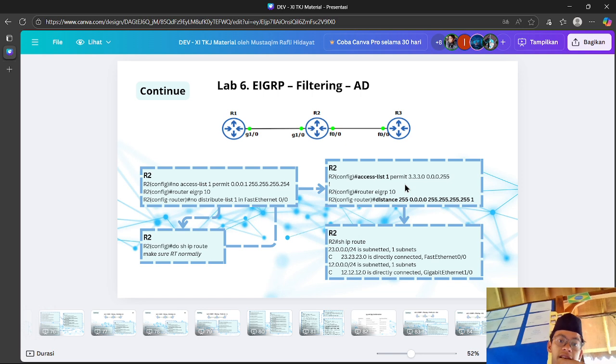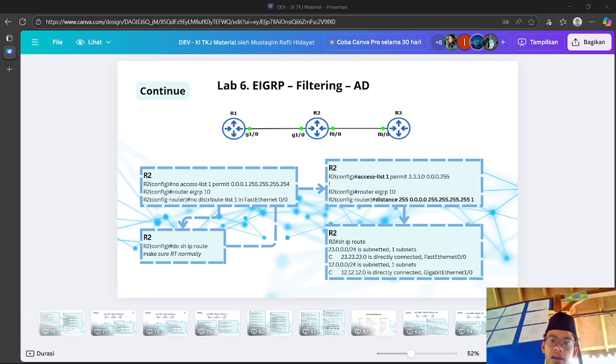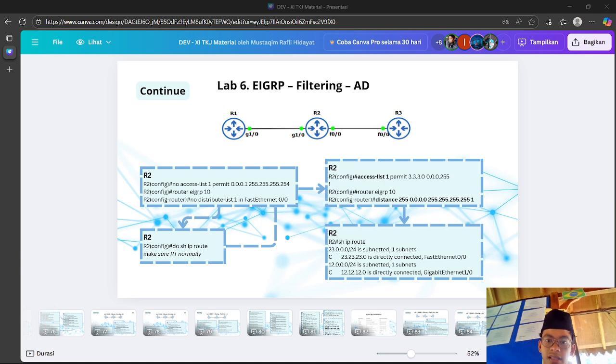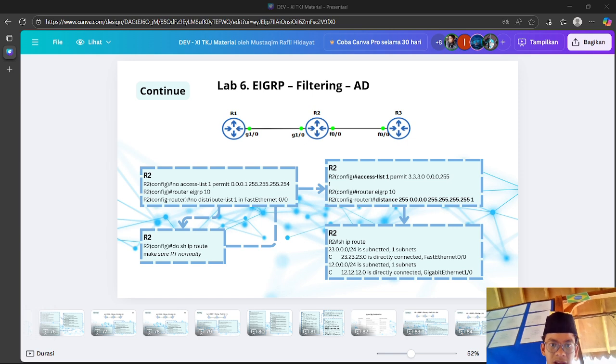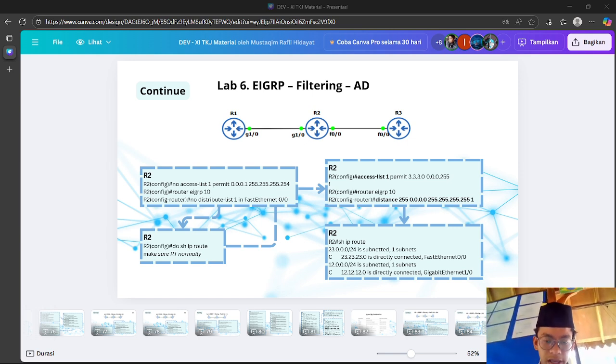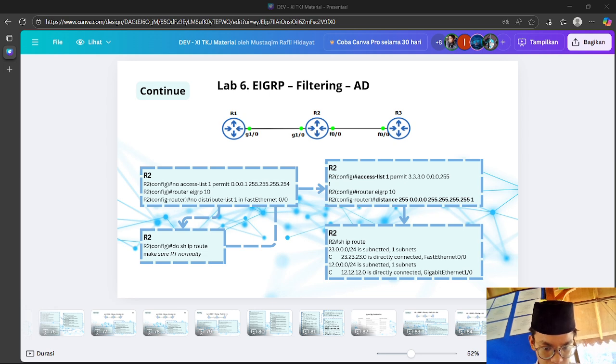Lab 6, EIGRP filtering administrative distance. What is the meaning of administrative distance? I want to see my notes first.